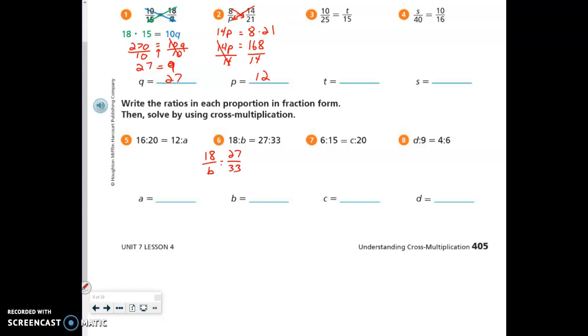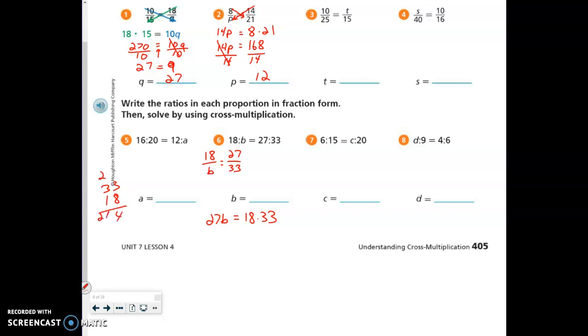All right. So my equation itself should be 27b equals 18 times 33. All right. Now, 18 times 33, I don't know that one off the top of my head, so I'm going to actually solve 33 times 18.